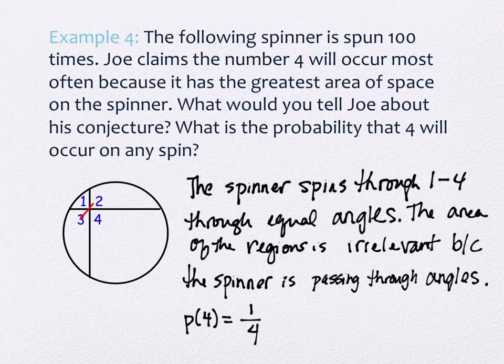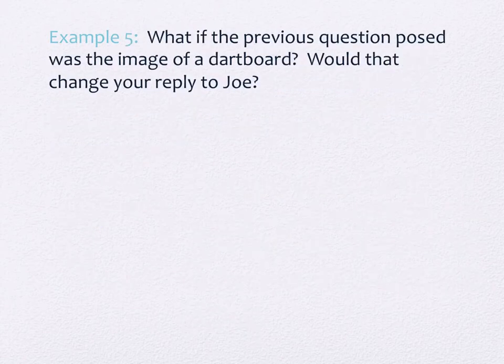Now we're going to take example 4, that is the spinner, this picture, and we're going to change it slightly. And instead, on example 5, we're going to consider the same image, but now it's a dartboard. Okay, the experiment changed. The image didn't, but the experiment changed. So if we have a dartboard, will that change our reply to Joe?